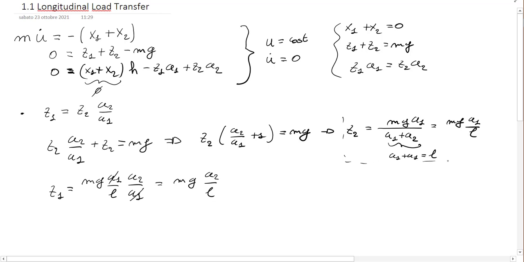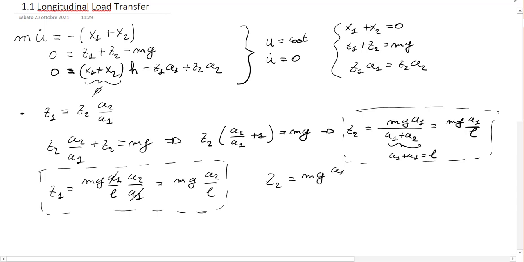Okay, so let's write again these two equations. What we saw is that Z2 equals mg a1 over l, and Z1 equals mg a2 over l. And what they are is static load.